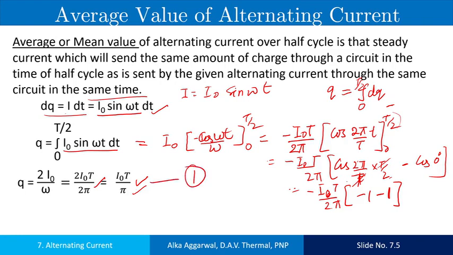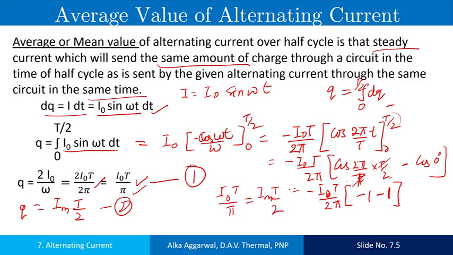Now according to the definition, it is that steady value which will send the same amount of charge. Now suppose I am saying that the mean value of the current I m will send the same amount of charge in the time T by 2. Now compare equation number 1 and 2. So I naught T upon pi equals I m T upon 2.